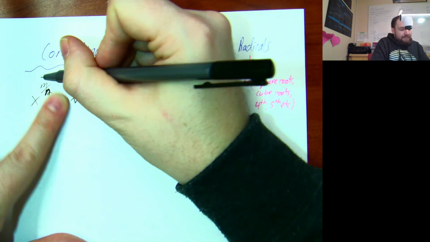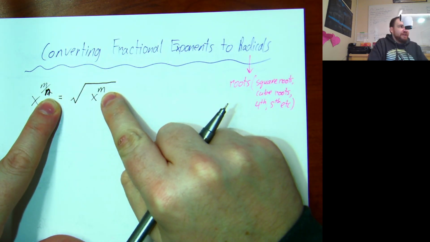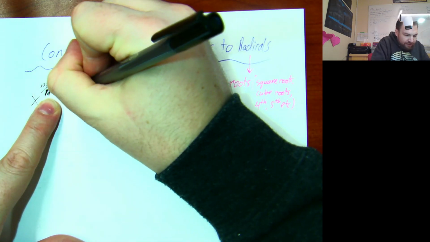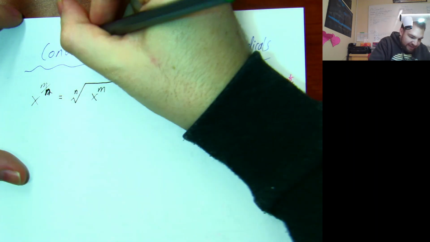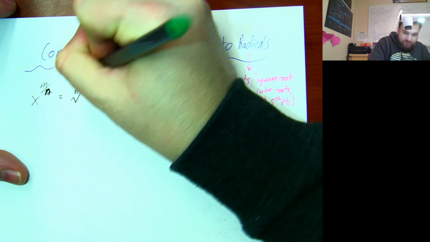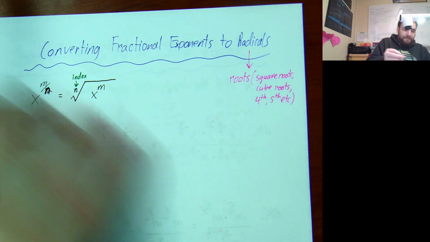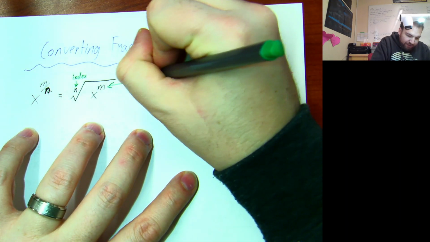If I have x to the m over n, the m stays as a whole number exponent, and the n goes right there. It gets a name. This thing here is called the index, and the m just stays as an exponent.